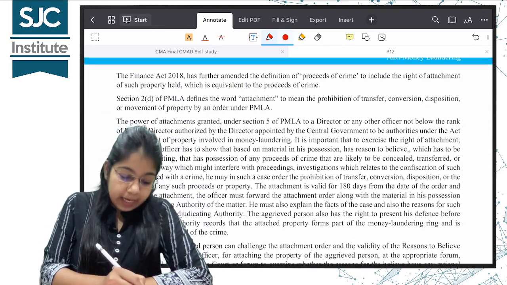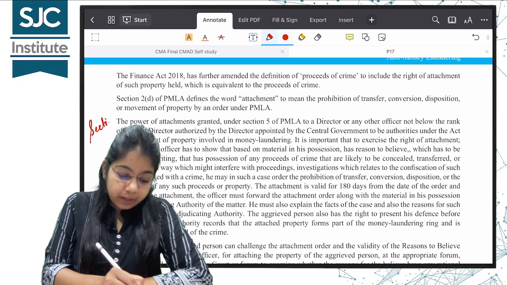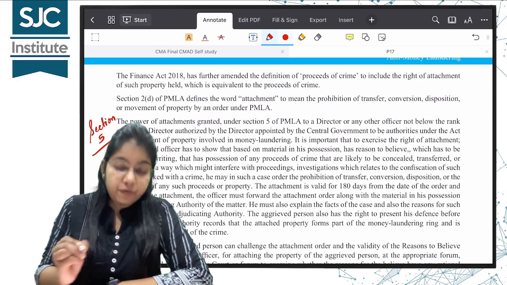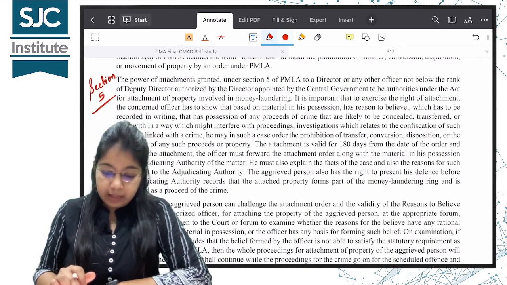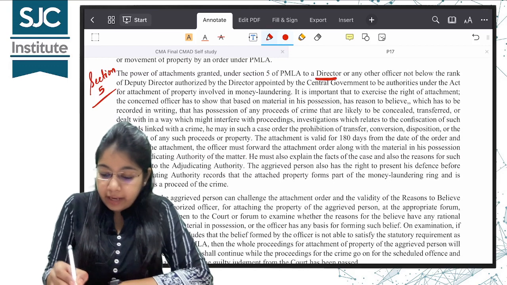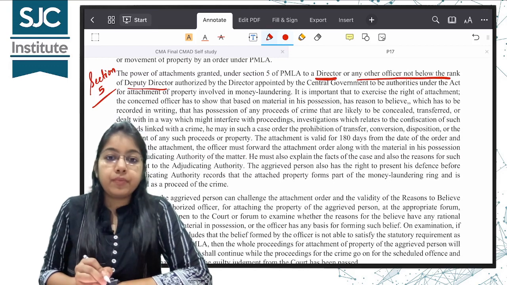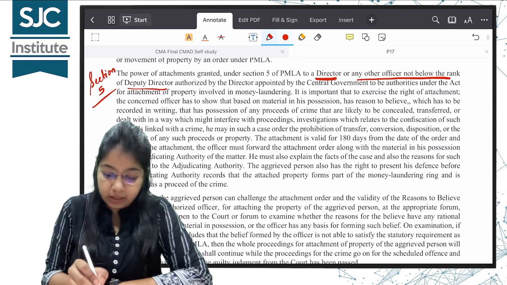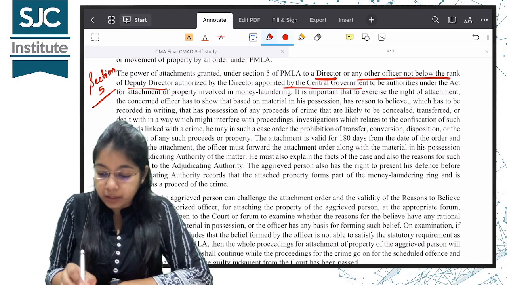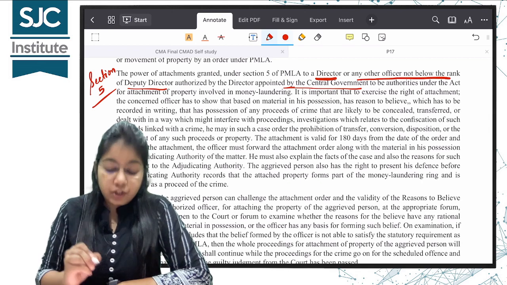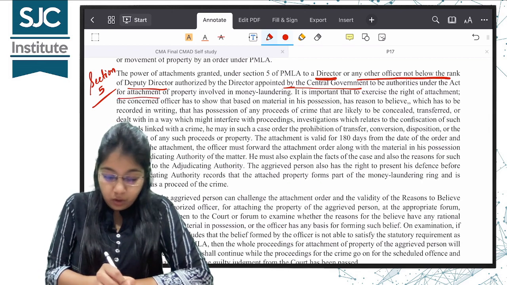The power of attachment is given in section 5 of the Act. Section 5 grants the right that the director or any other officer not below the rank of deputy director, who is authorized by the director appointed by the central government, can attach the property involved in money laundering.